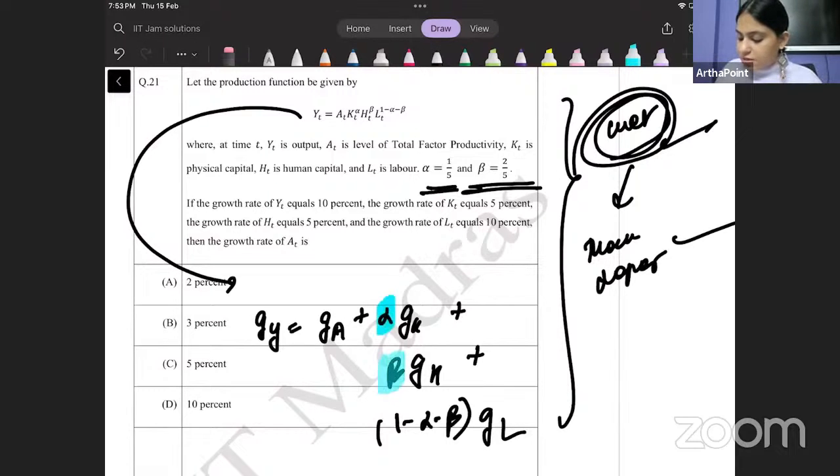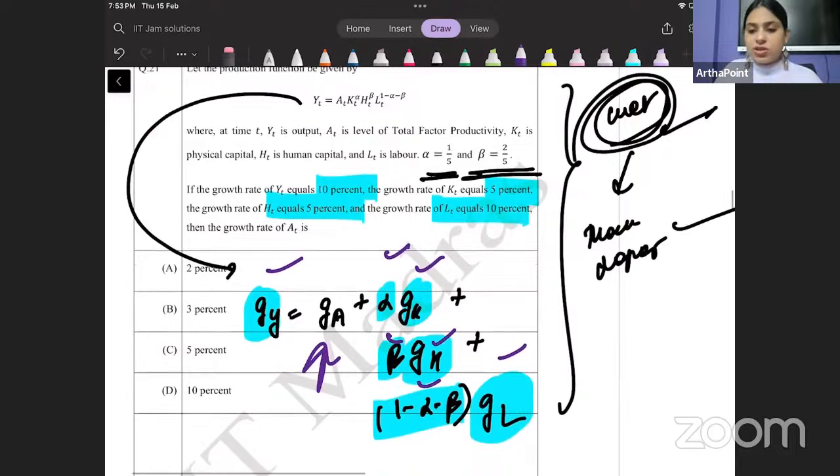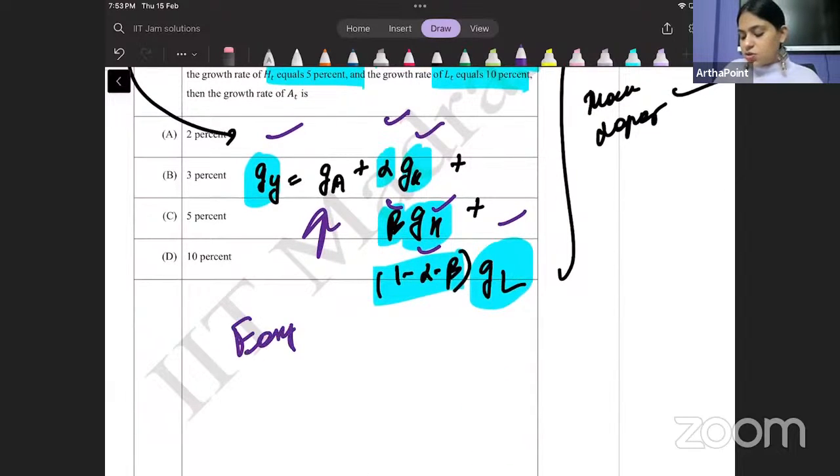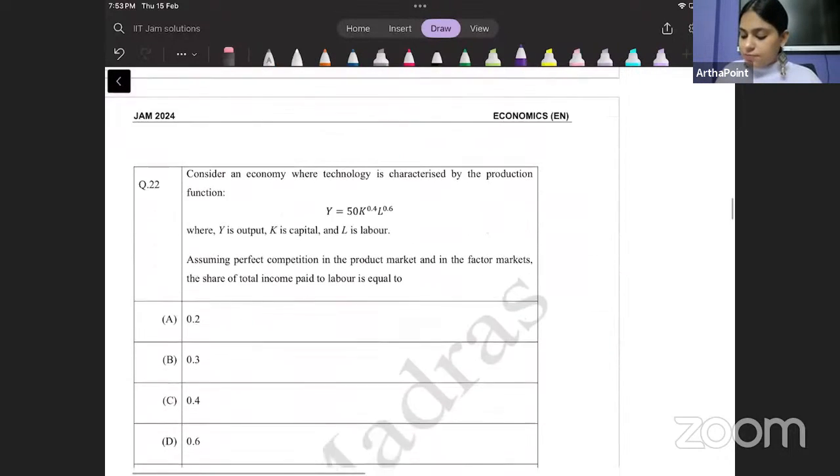You can put alpha, beta and this here. Growth rate of Y पता है, growth rate of K पता है, growth rate of H पता है and growth rate of L भी पता है. You can just plug these values and you will be able to get GA. So this is a very doable and easy question. बस ये equation should be aware and then you can solve it, huh?